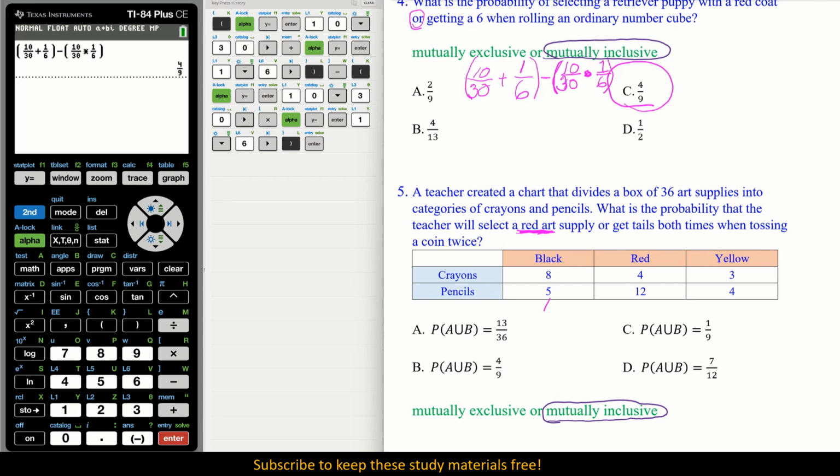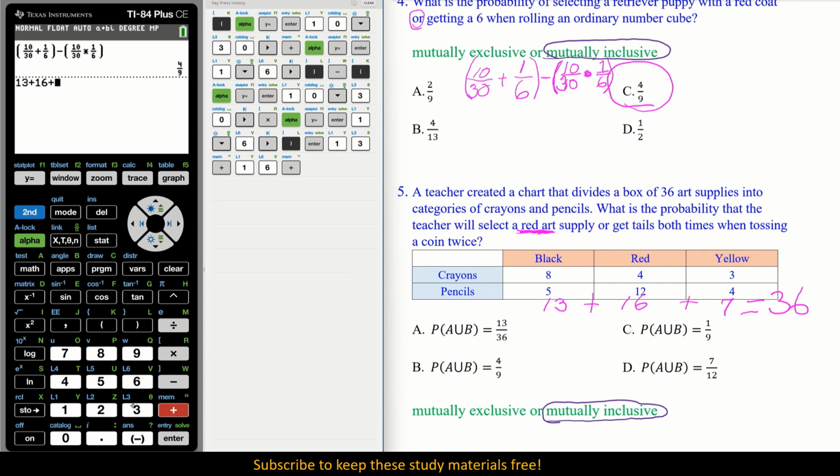Okay, so we have a total of 13 plus 16 plus 7, which equals 36. Now we could put that in the calculator. I did that in my head, but I always say when I'm doing videos, don't do that on a test. So let's not do it right now. Okay. All right, let's push enter.